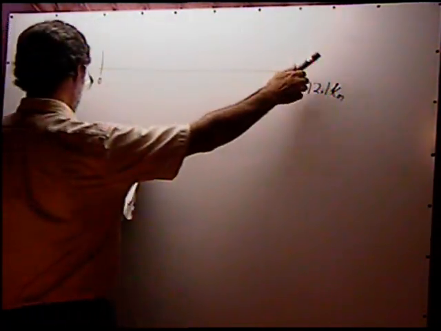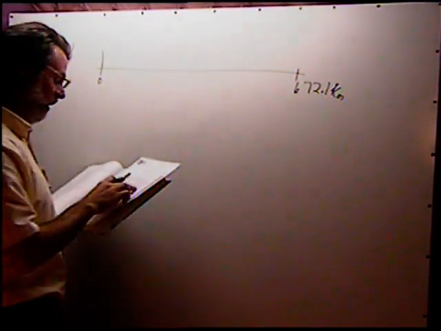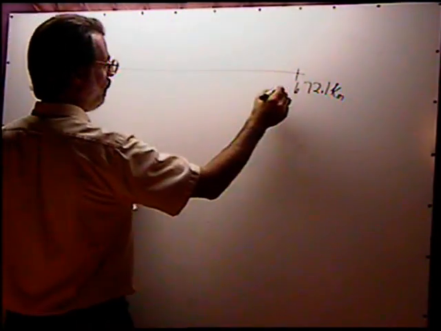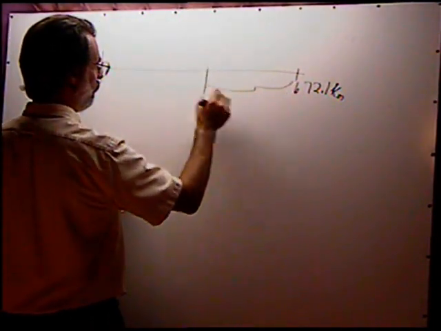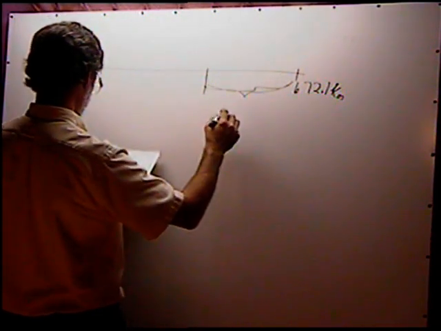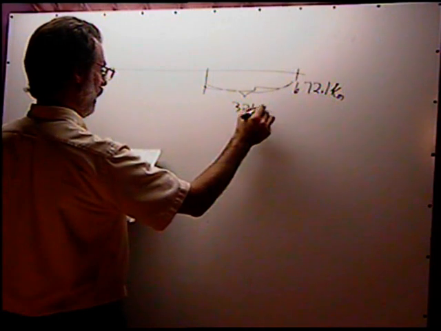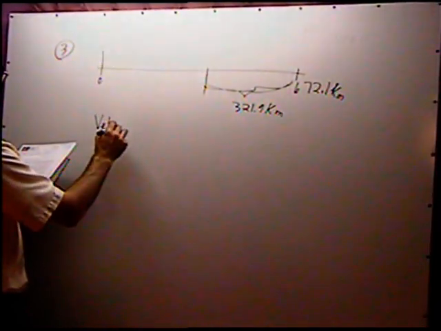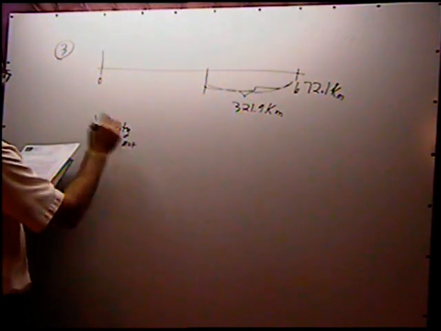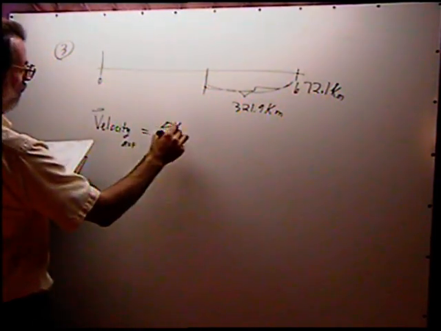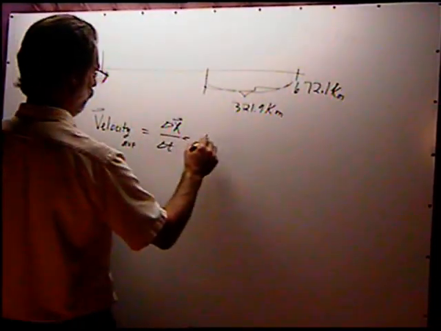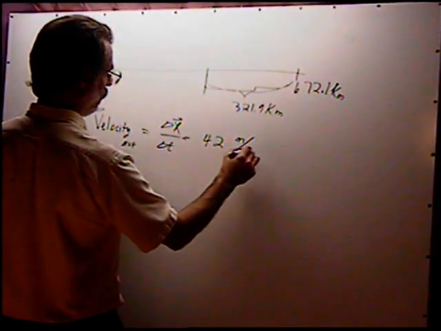At that point, he turns around and he lands at an airport that is only this distance from here to here, 321.9 kilometers. And they say that the average velocity, which we know was the final displacement over the time, is 42 meters per second.